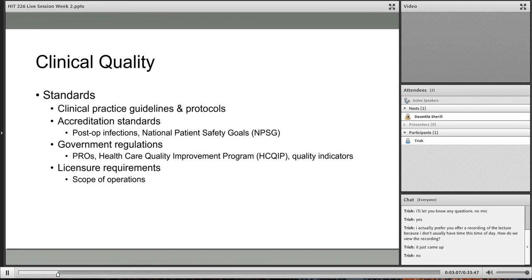So, examples of clinical practice guidelines and protocols were shared in that short video in the lecture area, but I can reiterate here. So what we're talking about is really detailed step-by-step guidelines that will guide physicians, clinicians, therapists, nurses, in taking care of the patients. And protocols have to do with things such as how do you take care of a pneumonia patient?